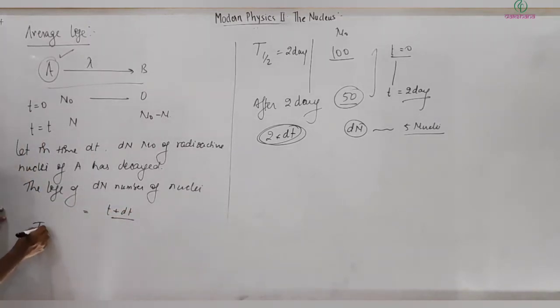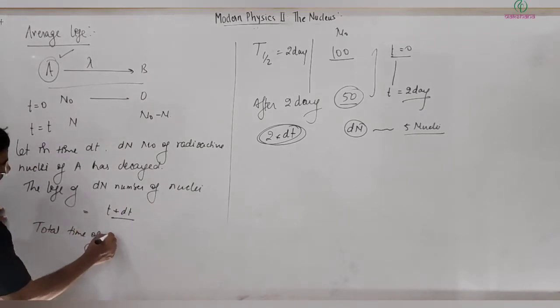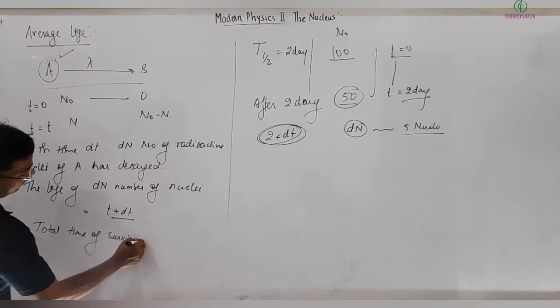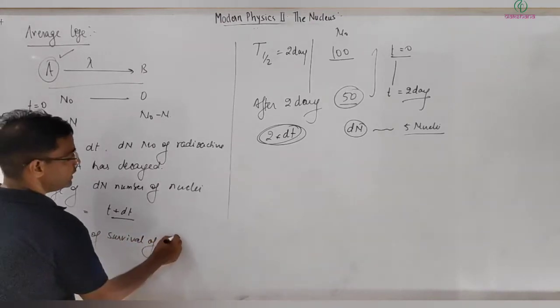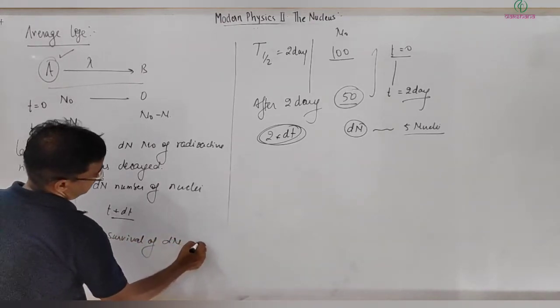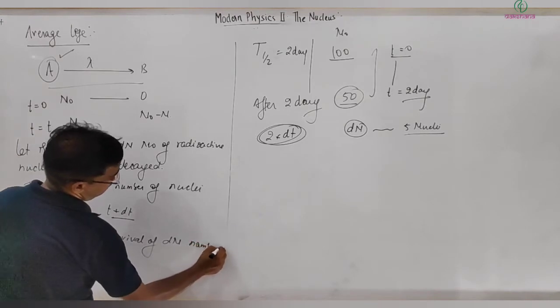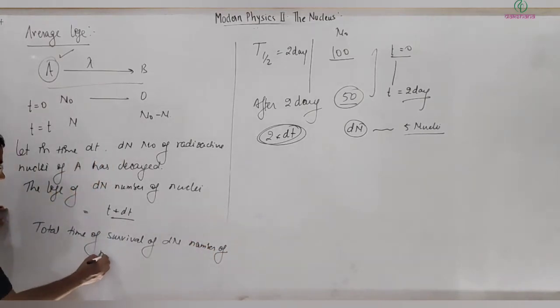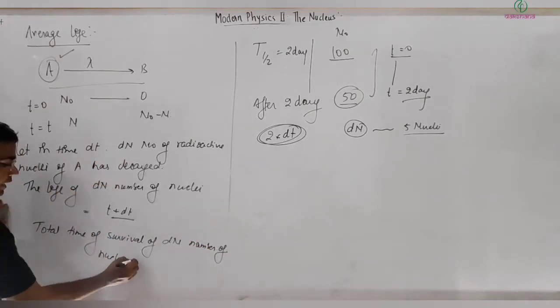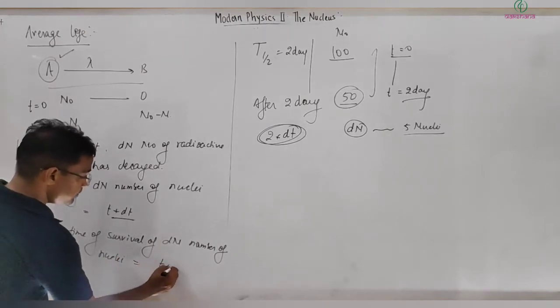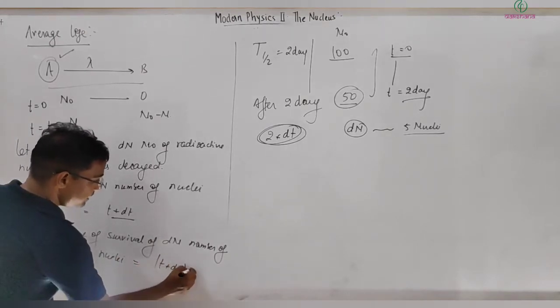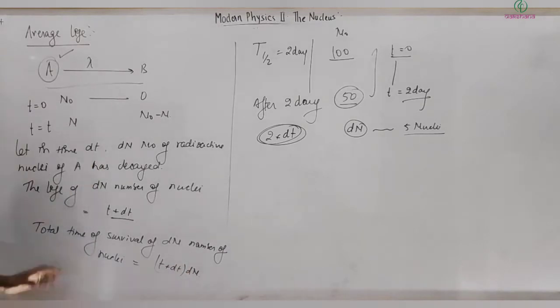So the total time of survival of dn number of nuclei is equal to T plus dt multiplied by dn.